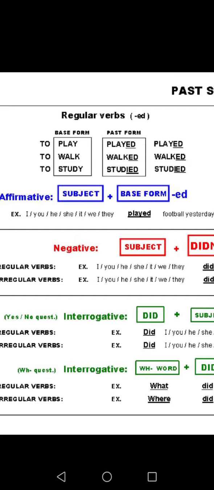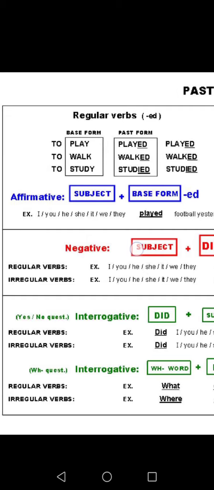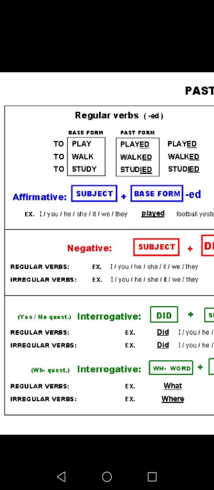As I told you in previous classes, previous transmissions in Zoom, for regular verbs we have to use the ed form, like we can see here: play, played; walk, walked; study, studied.